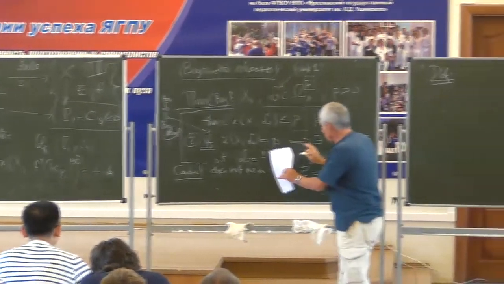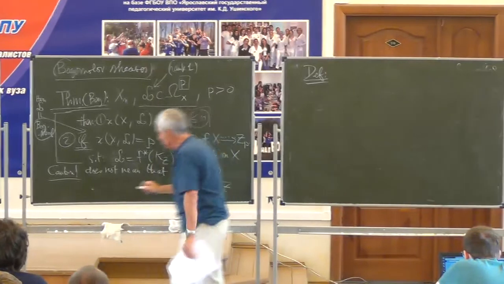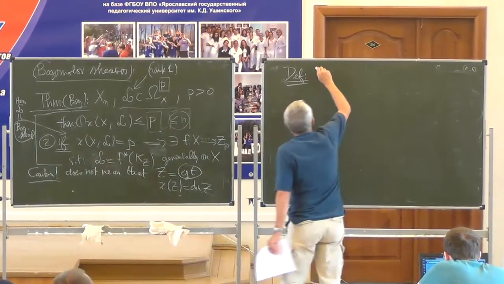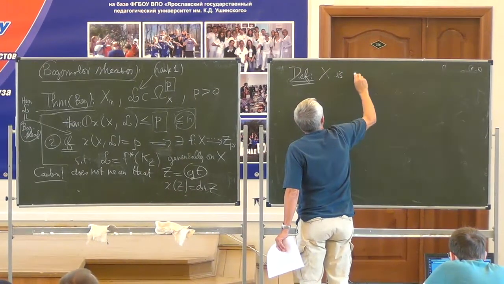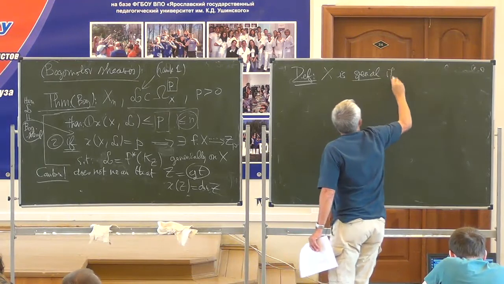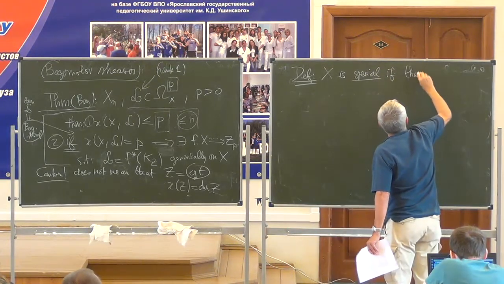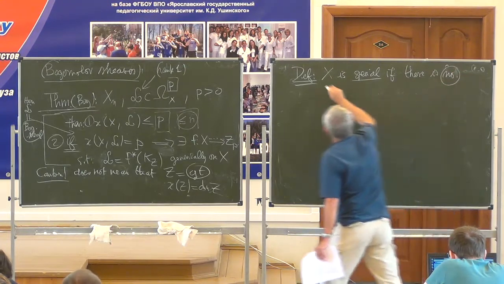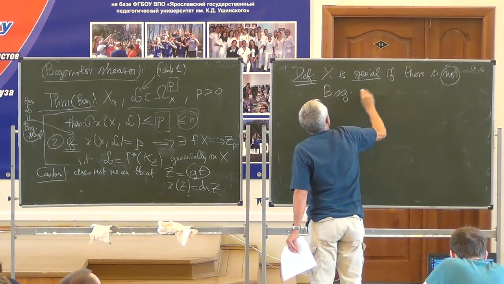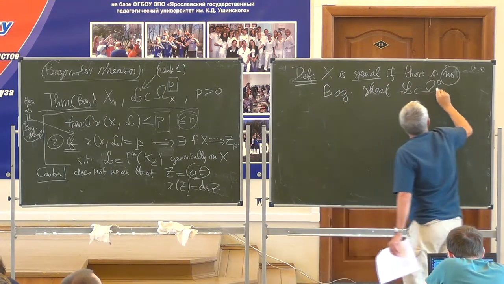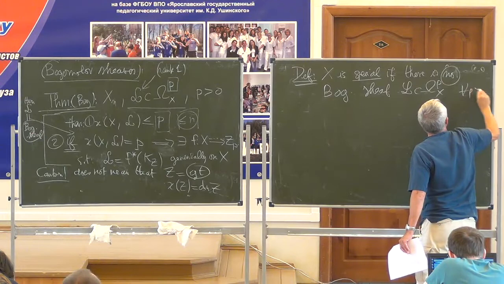So the important thing we shall do later is to interpret this. Definition: X is special if there is no Bogomolov sheaf in omega p of X, and this for any p positive.